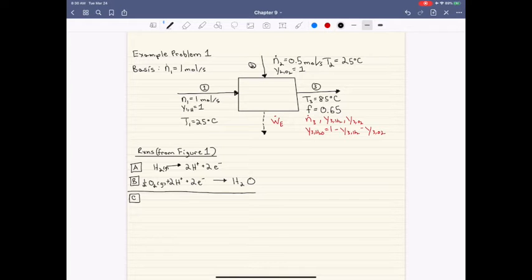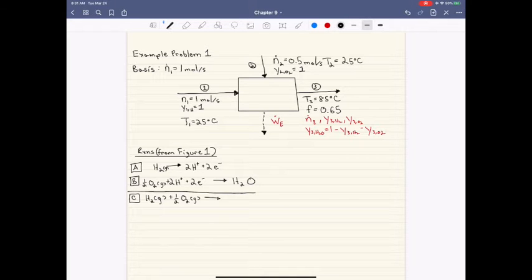And if we add them together, what we get in the end is hydrogen gas plus a half a mole of O2 gas. And on the left-hand side, we see that both the protons and the electrons are on the left and the right-hand side, so those things cancel out.